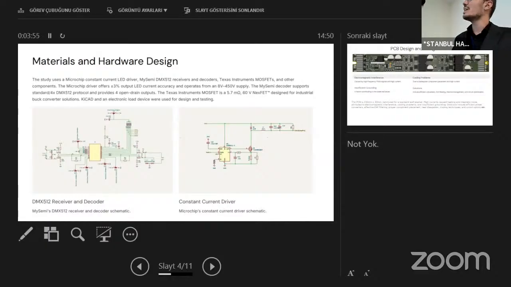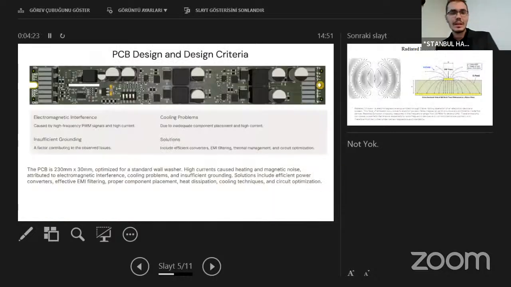The MySemi decoder supports the standard DMX 512 protocol and provides an open drain output. The Texas Instruments MOSFET is a 5.7 milliohm, 60 volt MOSFET designed for industrial buck converter solutions. CAD software and an electronic load device were used for design and testing.